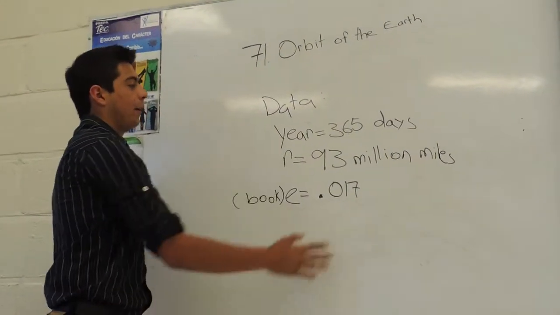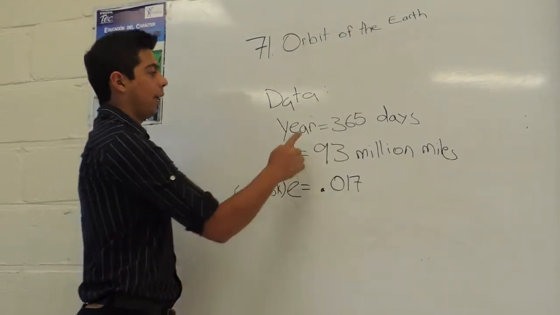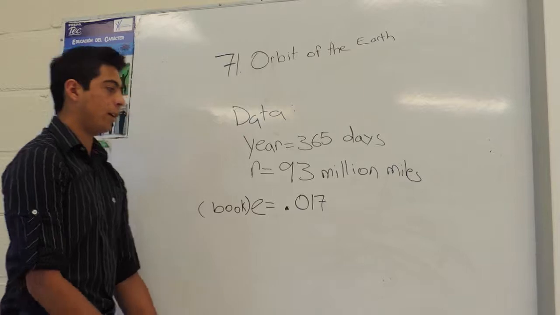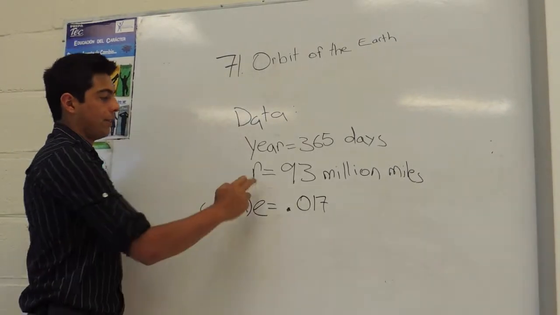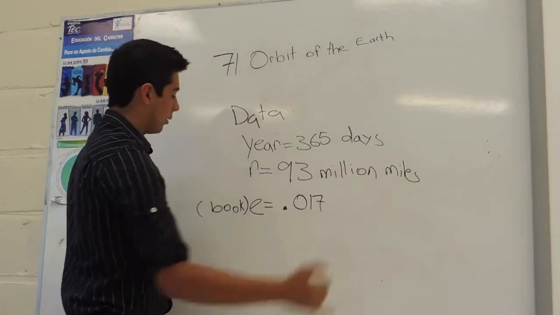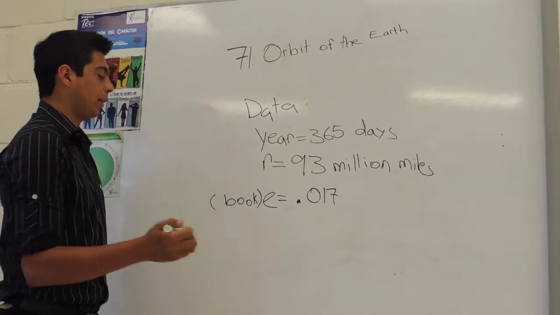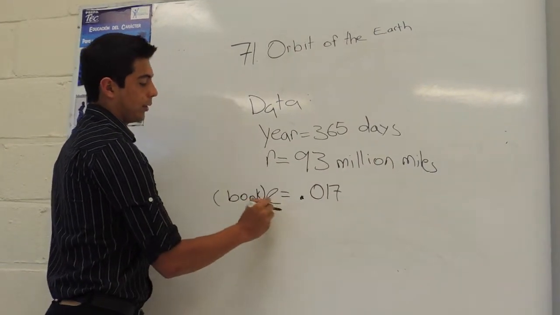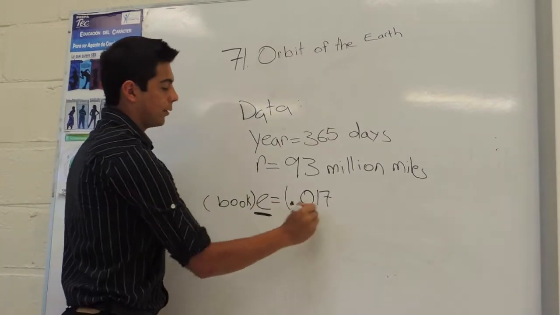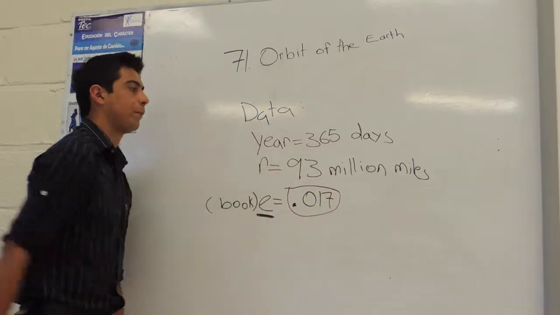Well, we have here the data. We know that a year has 365 days. And the problem gave us the radius of the Earth's orbit, that is 93 million miles. And the last one, we need to know the eccentricity of the Earth. We looked for it in the book, and it's 0.017.